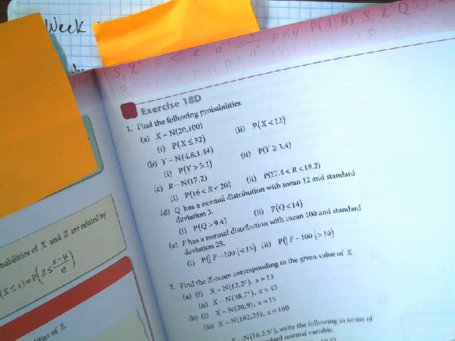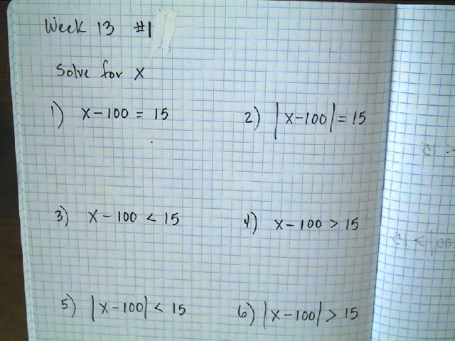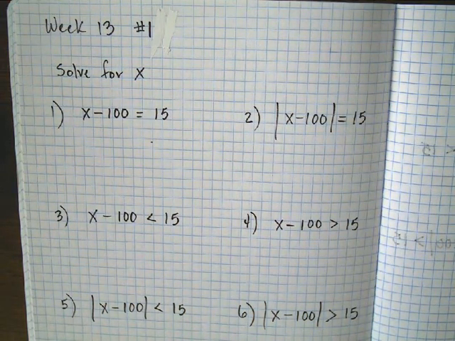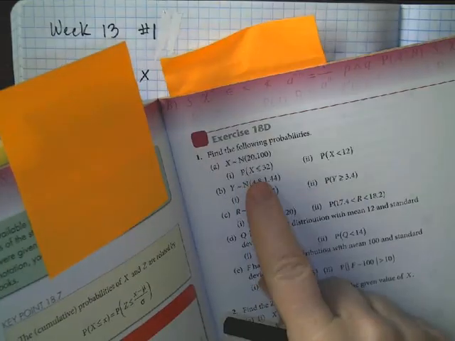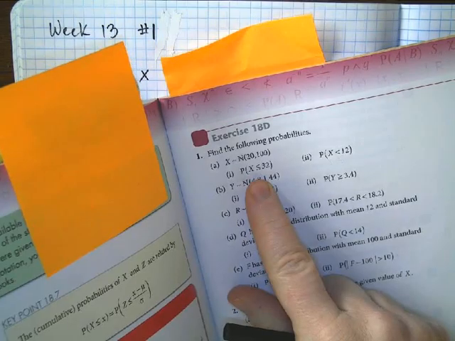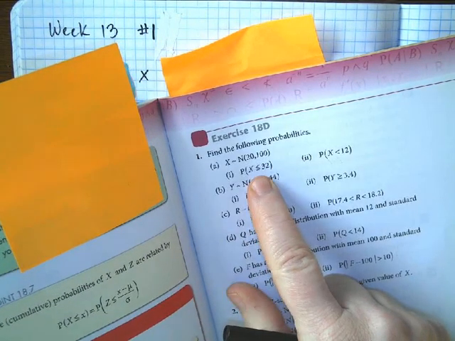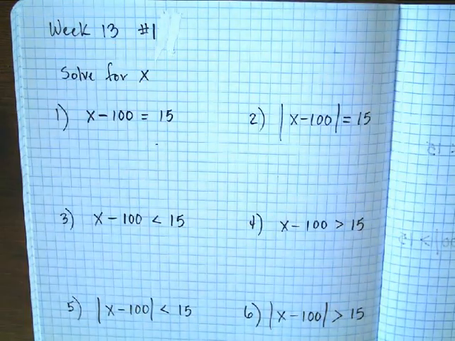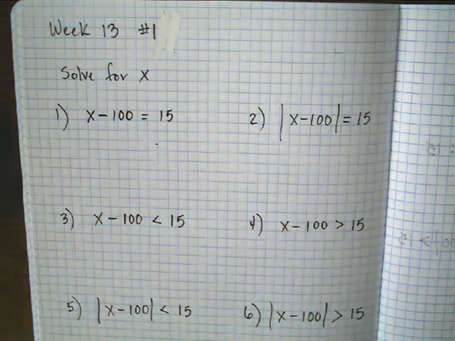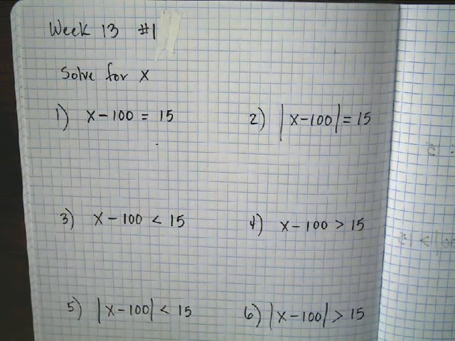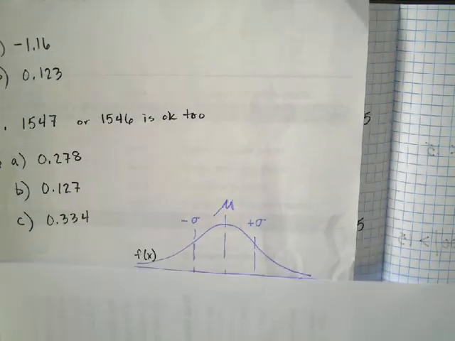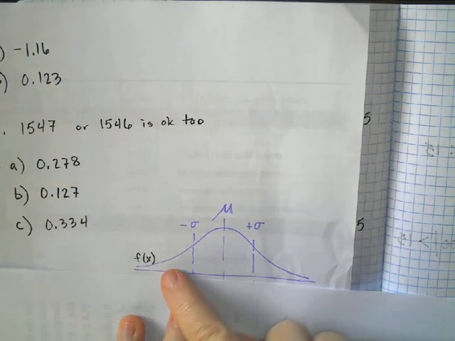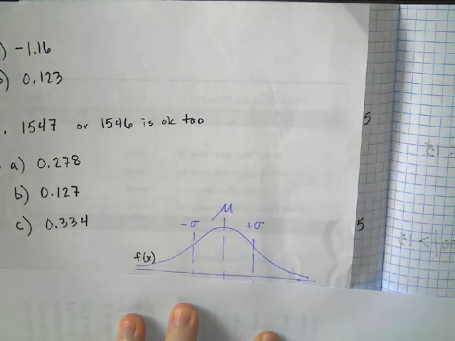What I did find, though, that was kind of interesting is if we have this type of problem and we wanted to do it without the calculator, how do you do it? Well, we're talking about a normal curve distribution, and we're talking about the area under the curve.